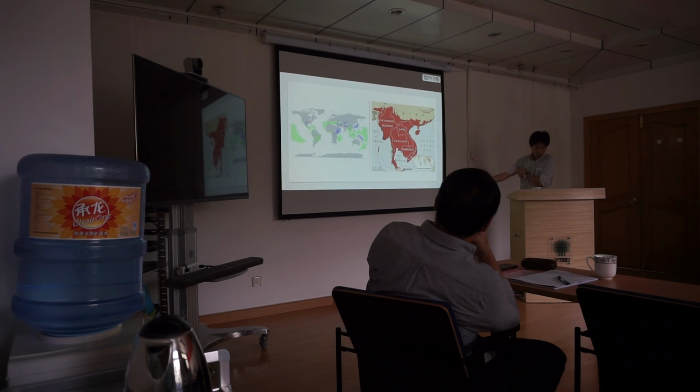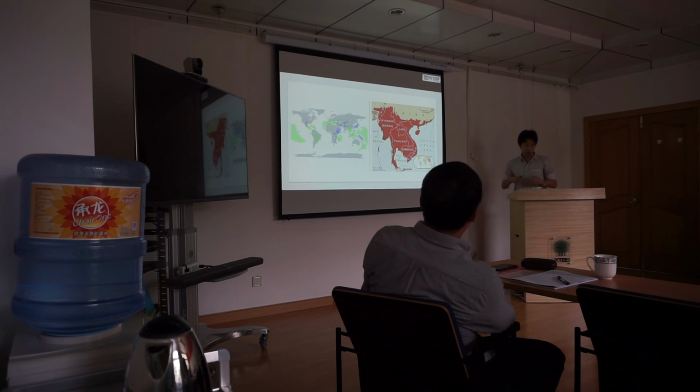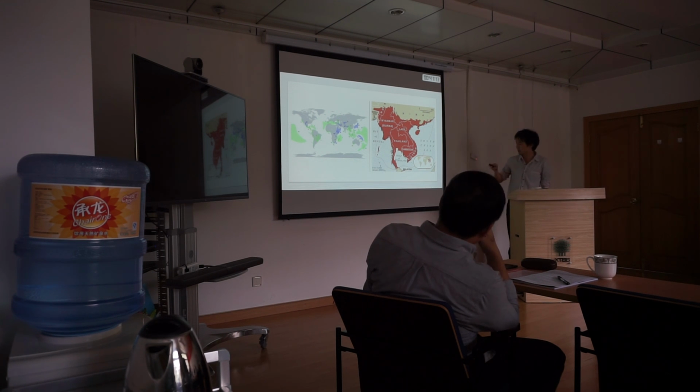And then I have an area of focus, because the world is huge and I can't work on all the world's species. So my focus here is the Indo-Burma biodiversity hotspot, which is one of the 32 world's biodiversity hotspots. And I think Xishuangbanna is part of this biodiversity hotspot, and probably Kunming as well.